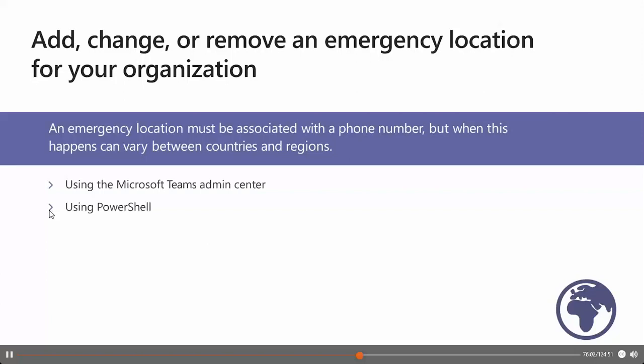An emergency location is associated with a place to give a more exact location within a building. A place is typically a floor, a building wing, or an office number where the user is located. You can have an unlimited number of places associated with an emergency address. When you assign an emergency location to a user, the location ID references the location itself.